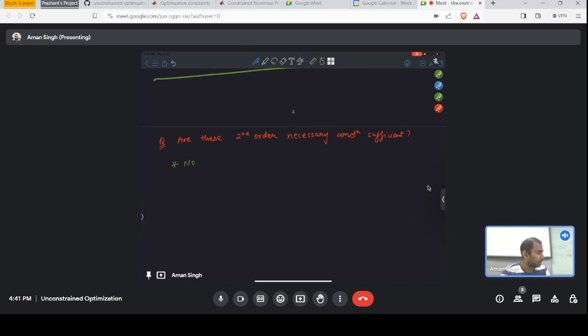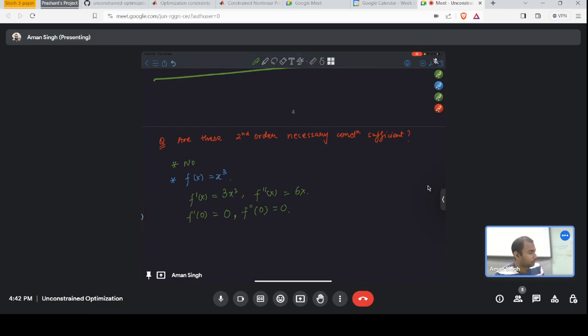That can happen. For example, f(x) is equal to x cube. For this, f dash x is 3x square, and f double dash x is 6x, correct? So f dash 0 is 0, f double dash 0 is also 0.